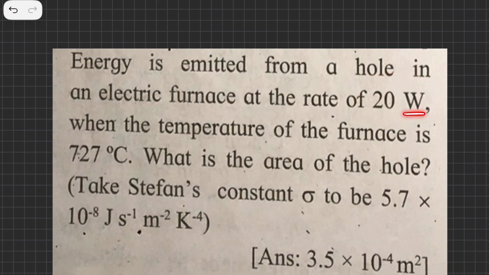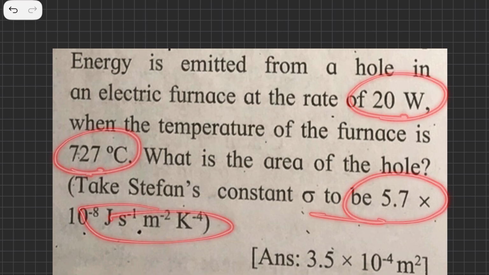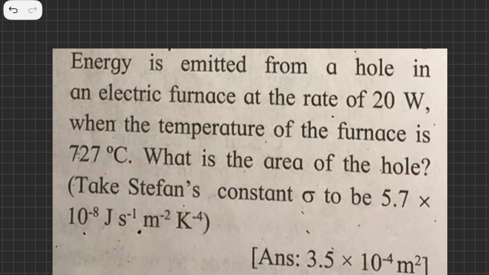Because it is watt, it has to be power, and power is nothing but energy upon time. When the temperature of the furnace is 727. So one data is 20 watt, the other data is 727, and then they have given Stefan's constant. So there are 3 data given, and the 4th, which we are supposed to find out, is the area. So let's go ahead.